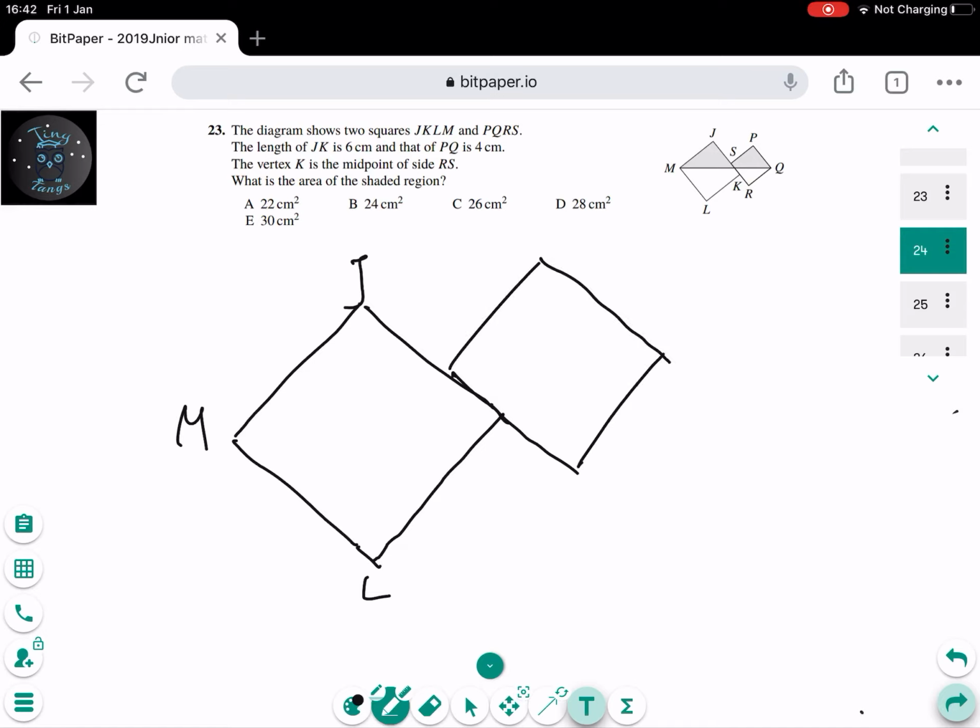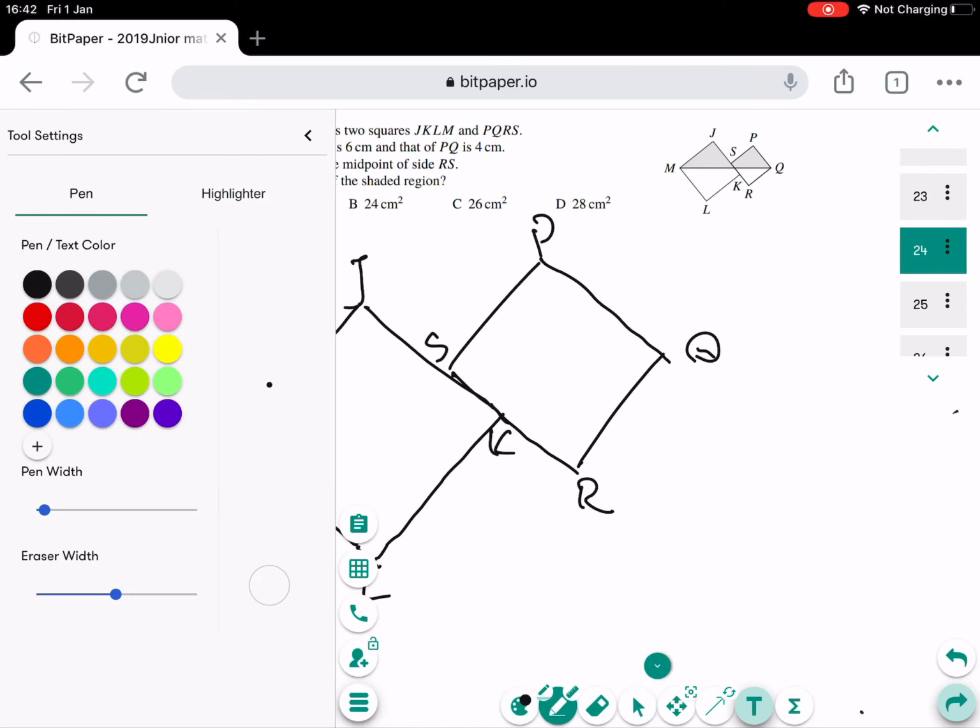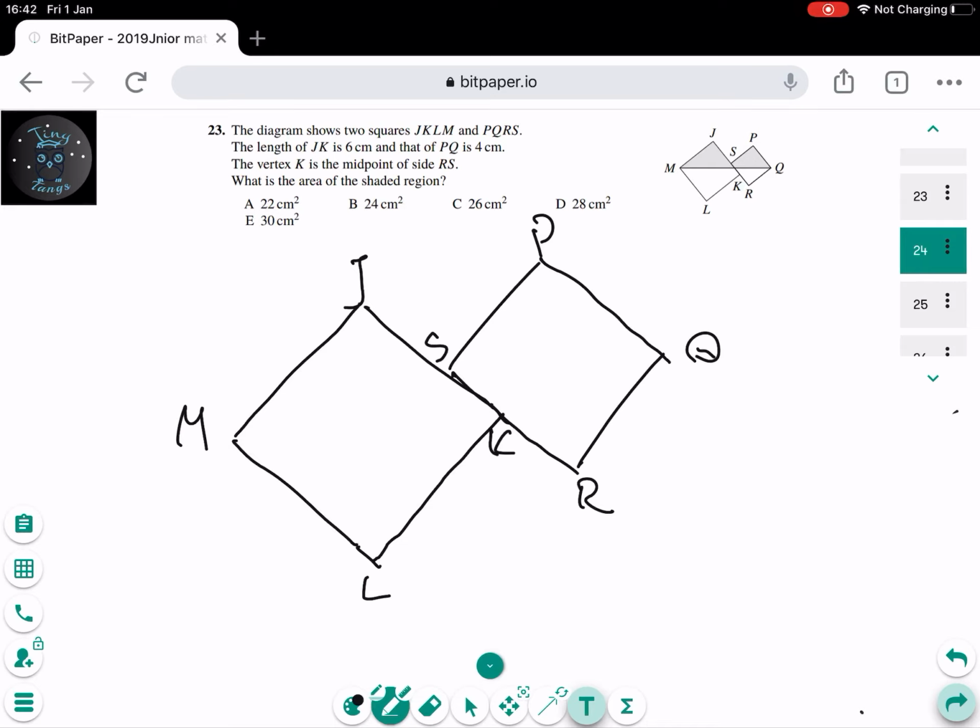So basically it's like that shape. And S is here, and P and Q. So what we have to do here is make these two shapes. It asks us what the area of this is.